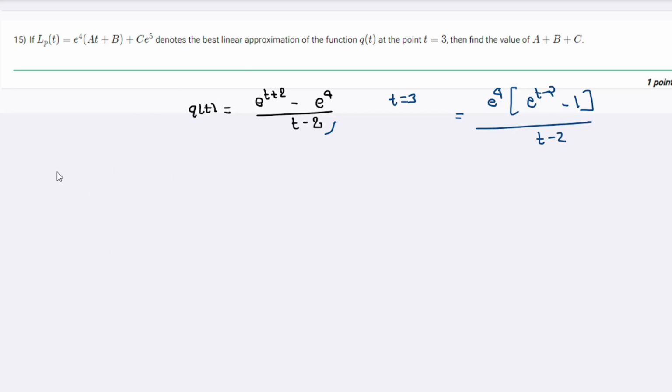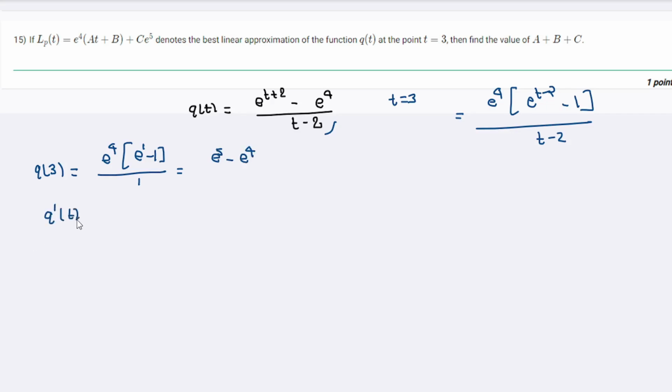So we will first find q of 3, which will be equal to e to the 4, e to the 1 minus 1, divided by 1. So it will be equal to e to the 5 minus e to the 4.